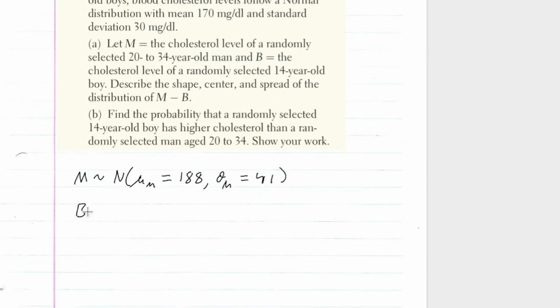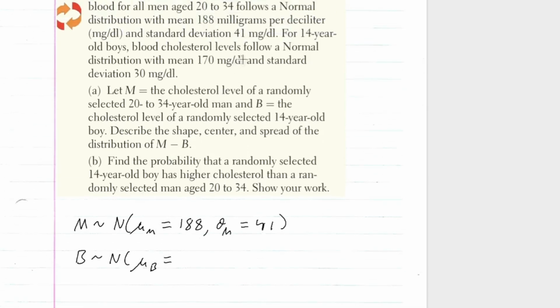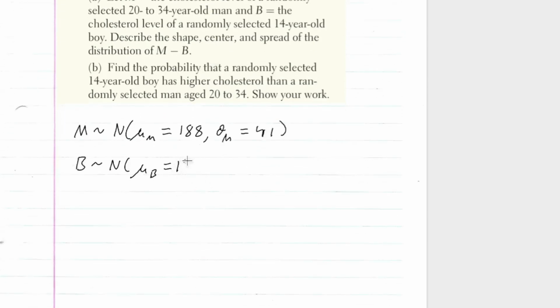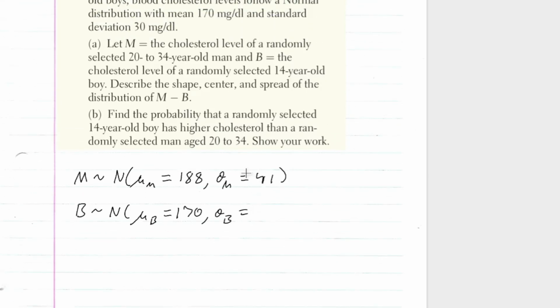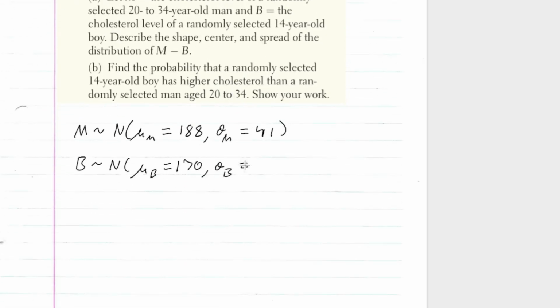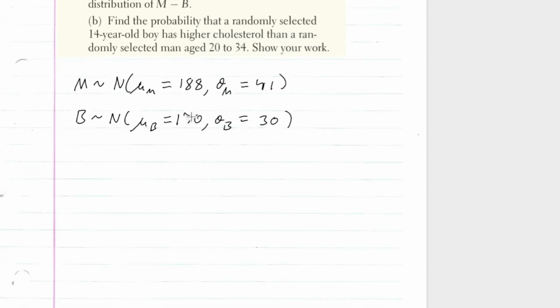Okay, and B follows a normal distribution where the mean of B is equal to 170, and the standard deviation of B is equal to 30. All right, and they want us to describe the shape, center, and spread of M minus B. So find the mean and the standard deviation, right?